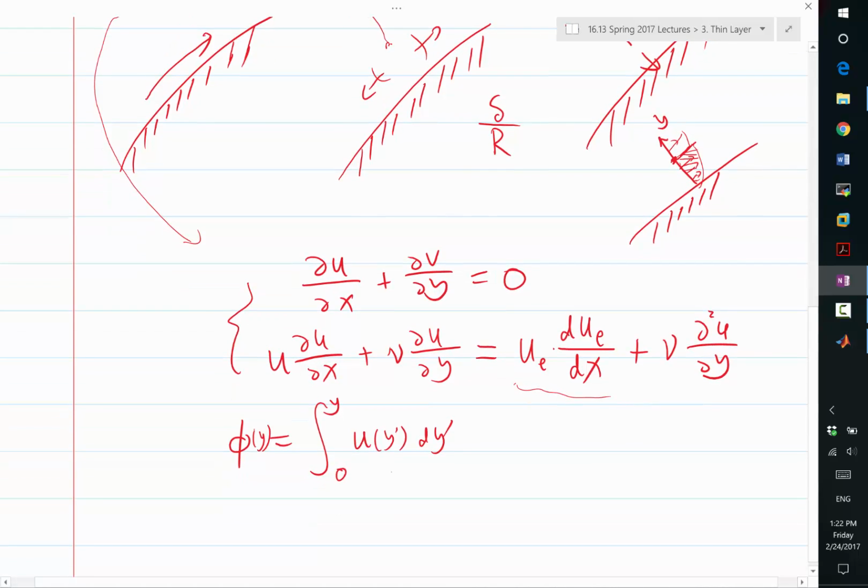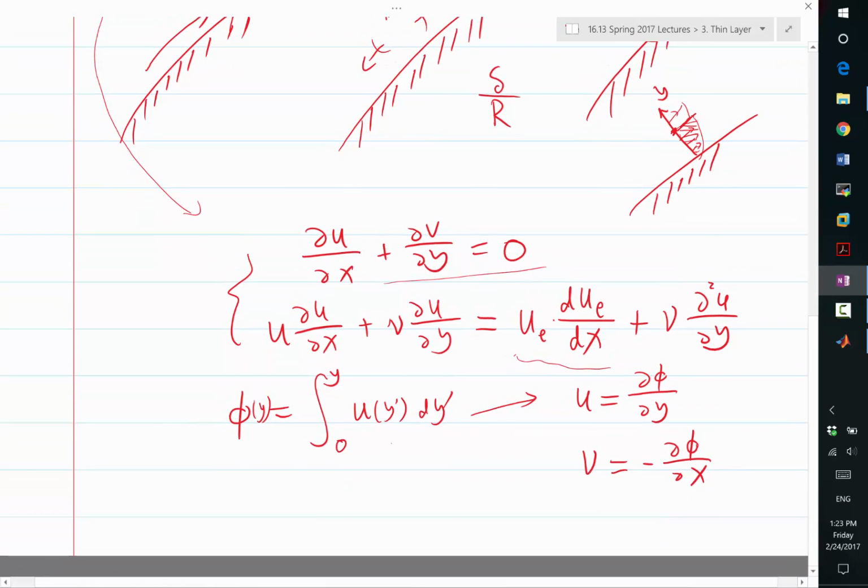And with that phi, and also with the mass conservation equation, through the definition of phi, we know u is equal to partial phi partial y, right? And with the incompressible condition, we know that the v velocity is going to be minus partial phi partial x, right? So that is the v that is going to guarantee the satisfaction of the incompressible equation.